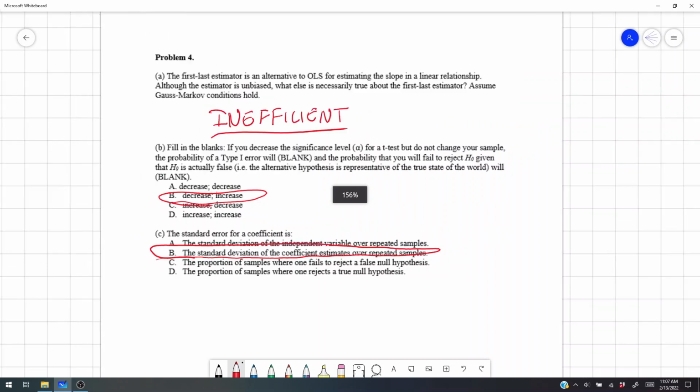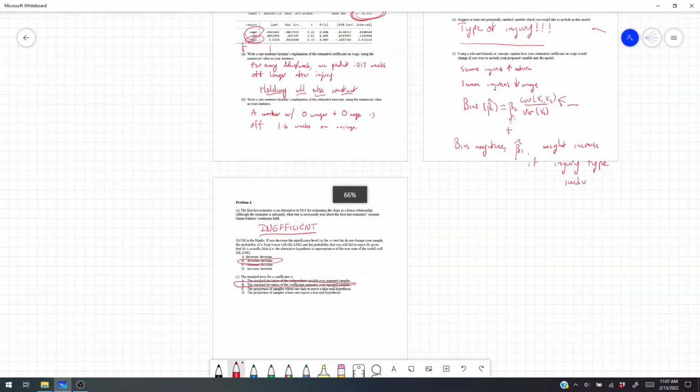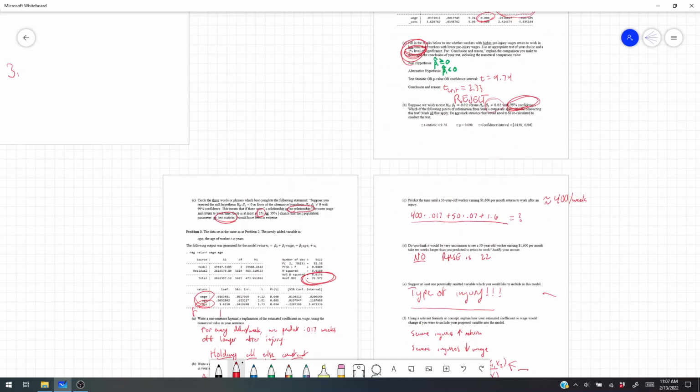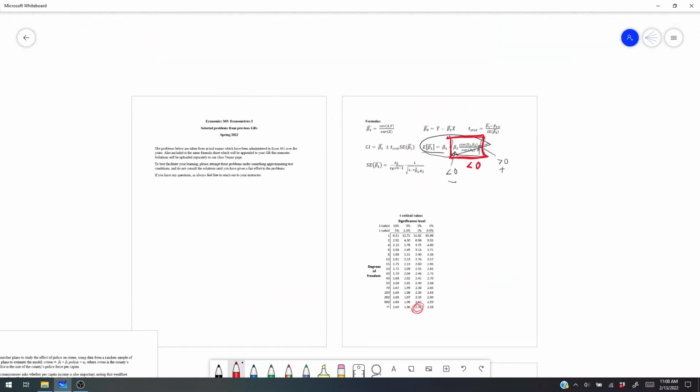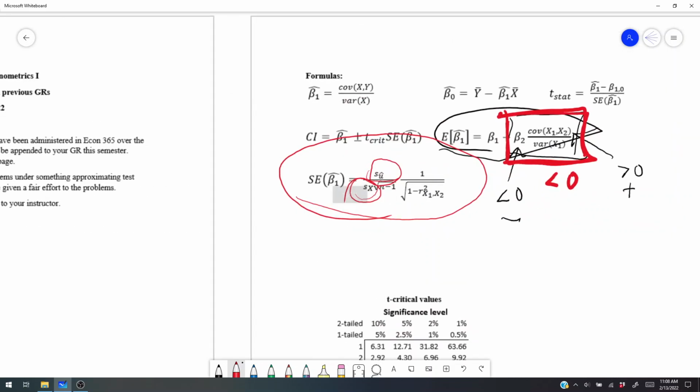We saw the formula for that standard deviation all the way up at the top here, right? All you need to know is the amount of signal in the data, the amount of noise in the data, and the size of the data set.